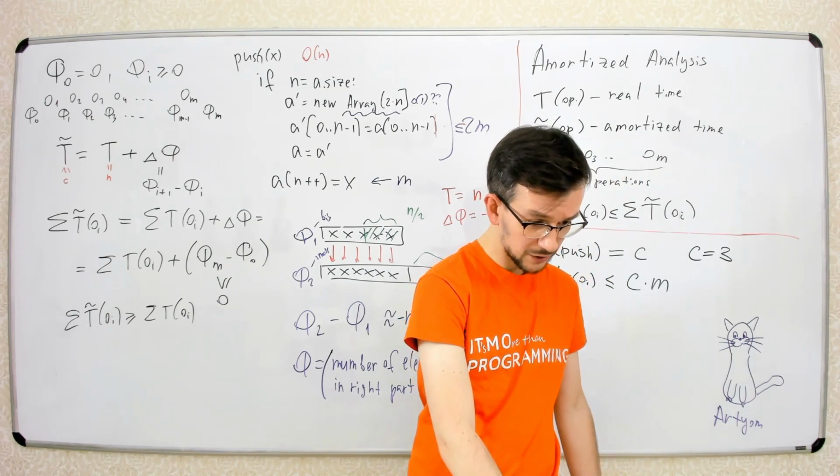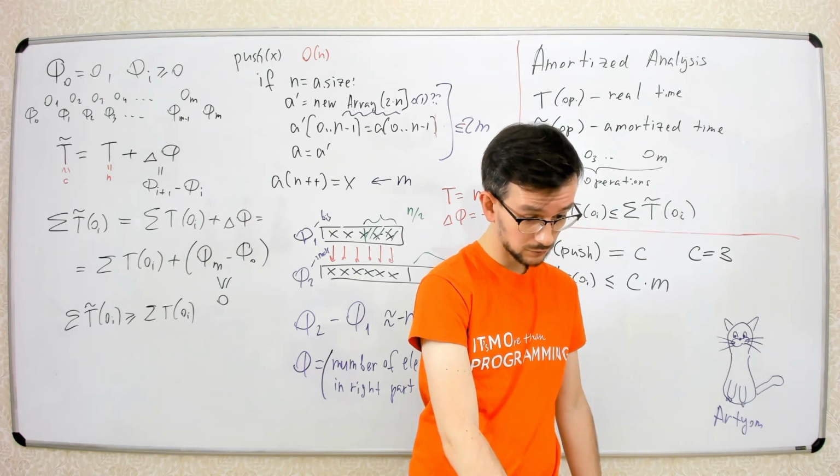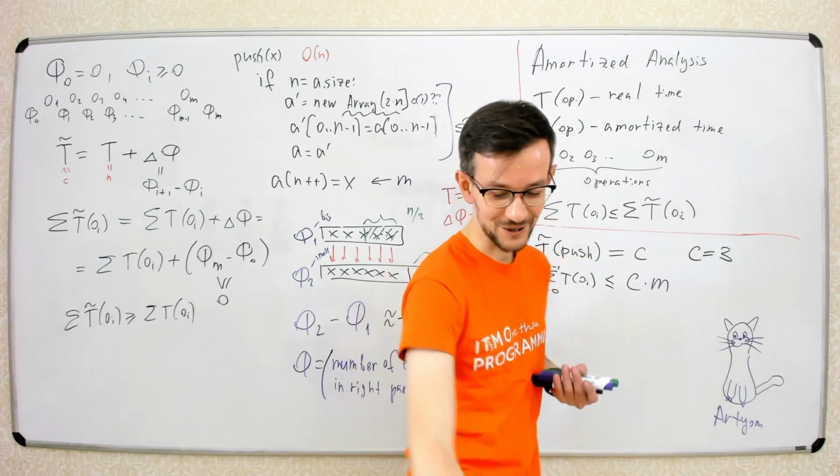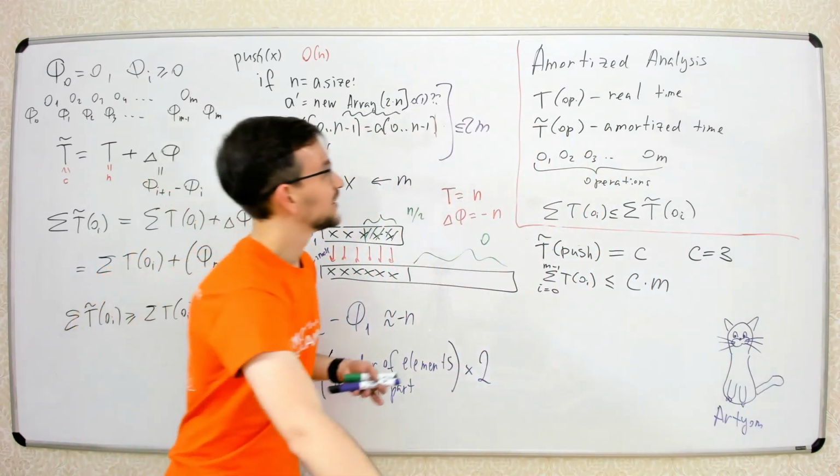It's called the accounting method, or banker's method. Okay, accounting method. Nice. I didn't know the right term in English. Sorry. So it's called the accounting method.